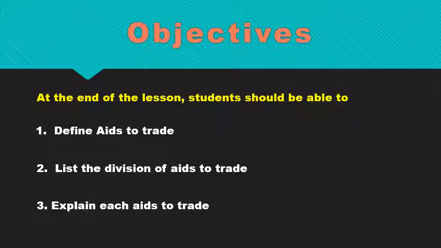They should also be able to list the division of aids to trade. And lastly, they should be able to explain each aid to trade. This is the objective that we are expected to achieve at the end of this lesson.